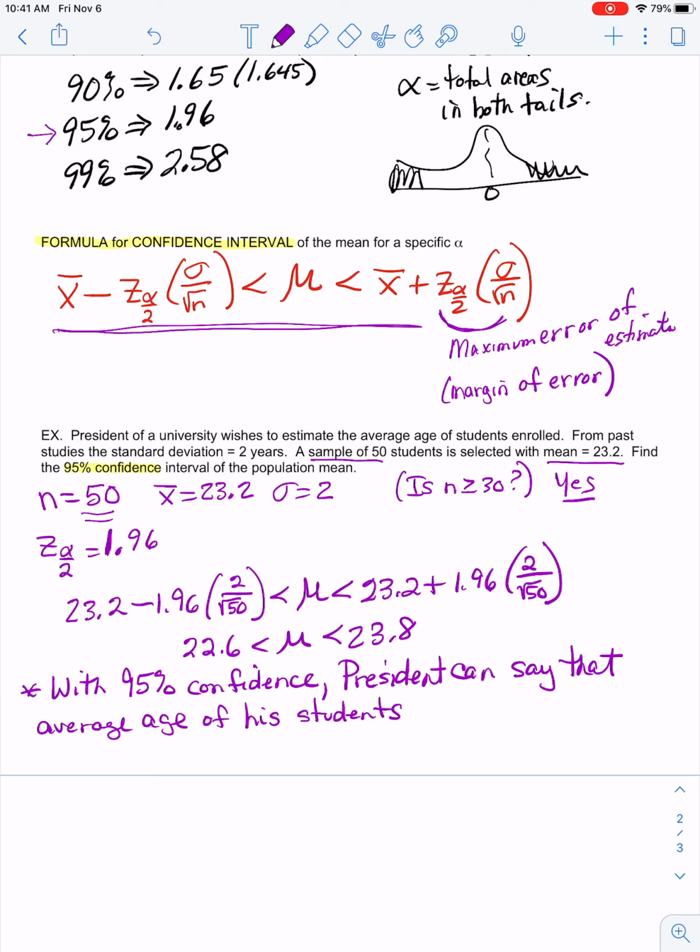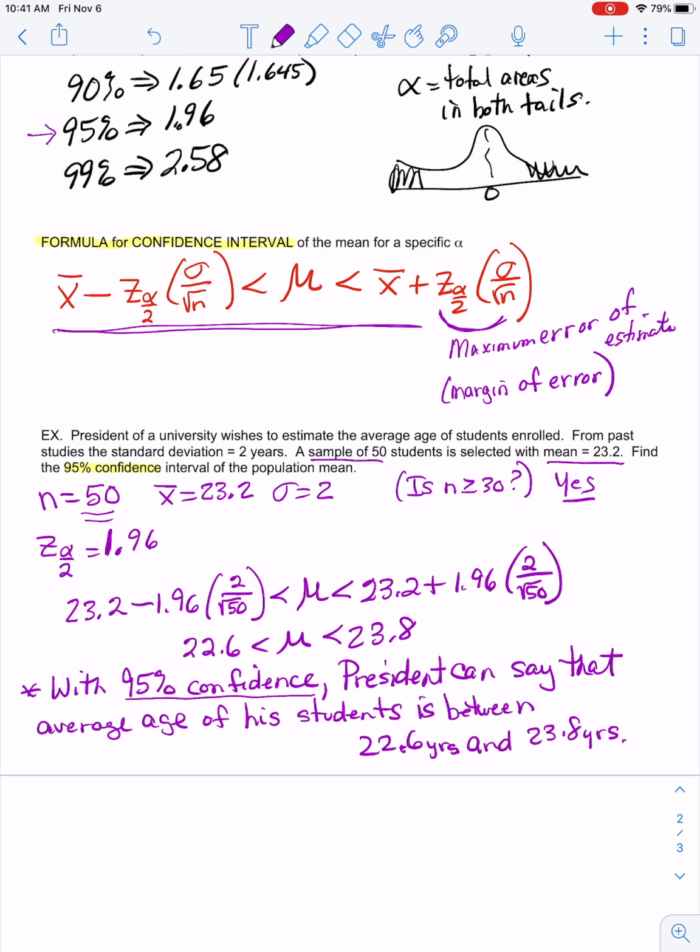So he's 95% confident the average age of the kids is between 22.6 and 23.8 years old.